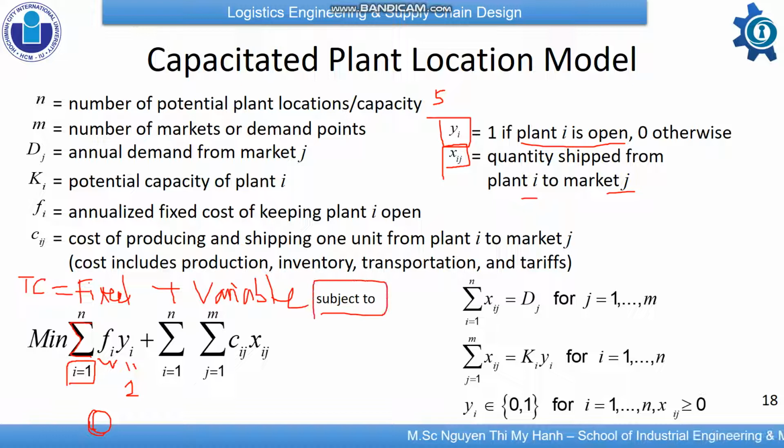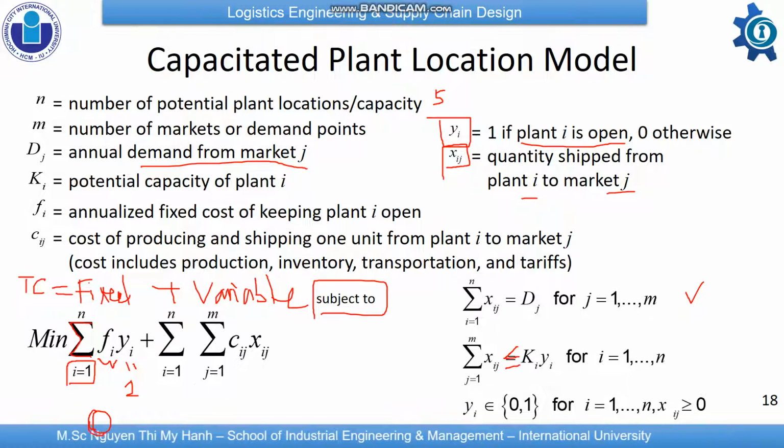And we have the constraints. The first one is that the total quantity shipped from plant I to market J will equal the demand from market J. And the second one, sorry, this one should be less than or equal: the total quantity shipped from plant I has to be less than or equal to the capacity.